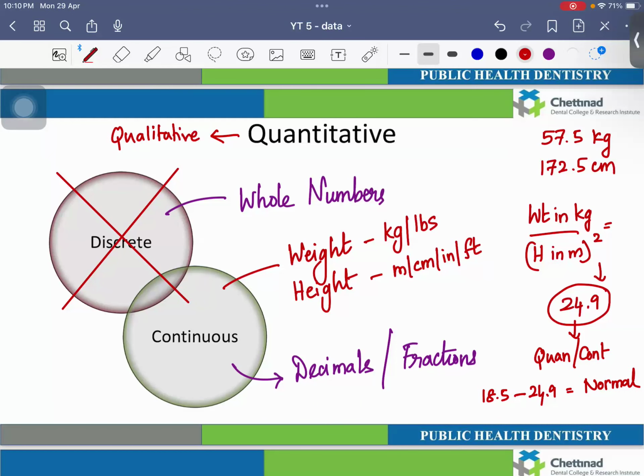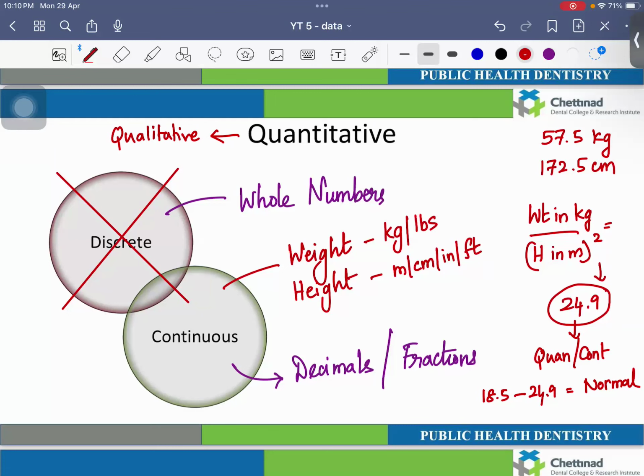So if somebody tells you their BMI is 19, you can tell them that they are normal. Whereas 19 is quantitative or continuous data. This can be converted into qualitative data.